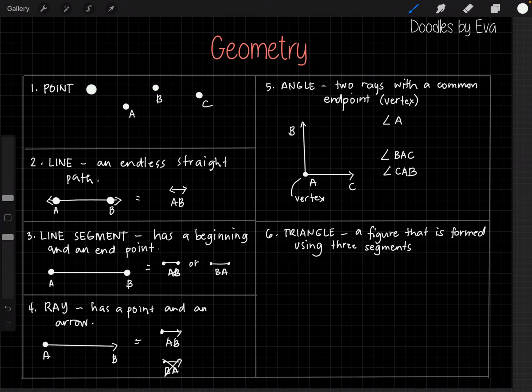Okay, so let's look again at what a line segment looks like. So it looks like this. Okay, so 3 segments. A triangle is formed using 3 segments. So it is somehow like this.